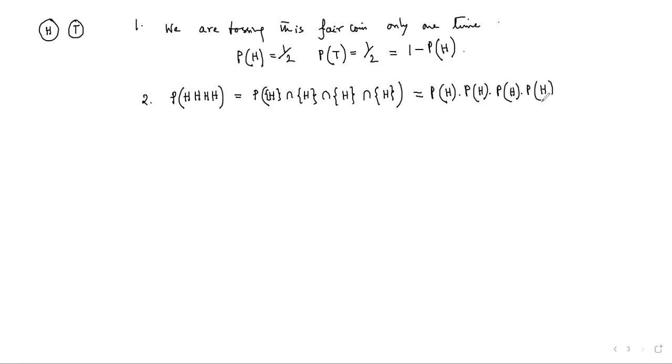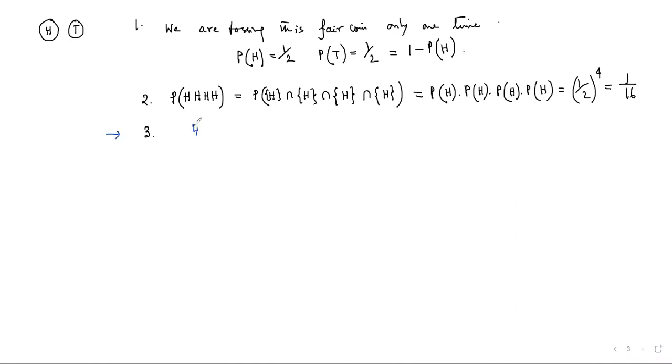Thus you can see that we will get half to the power 4, which is 1 by 16. In this manner, we calculated all our probabilities corresponding to each and every outcome. We are only able to do so because we assume that the coins are fair and the trials are independent of one another.